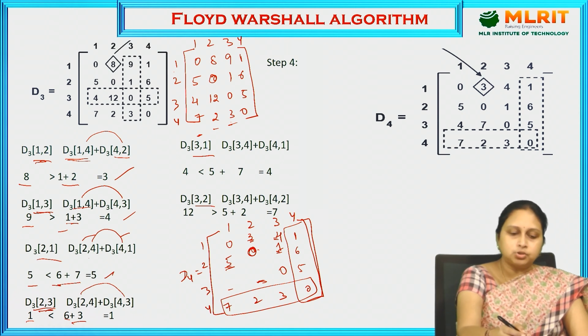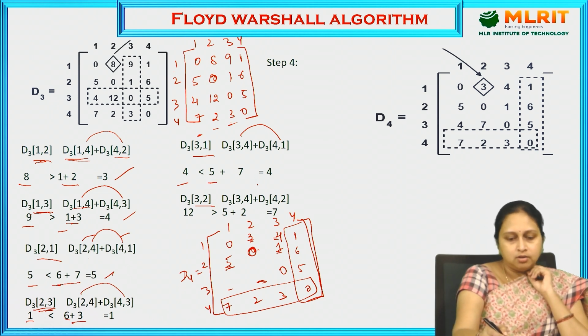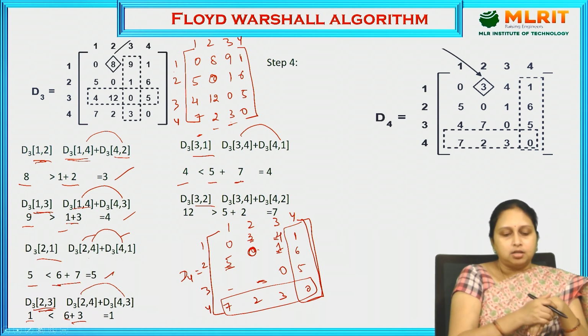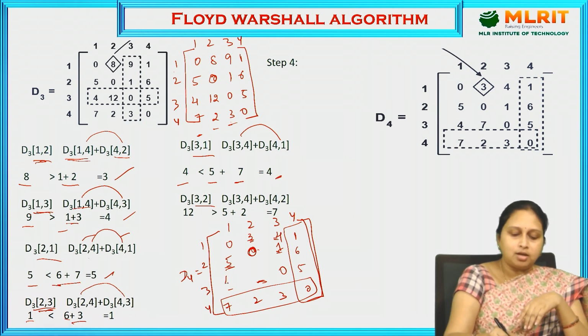2 more values, 3, 1 and 3, 2. 3, 1 can be written as 3, 4 and 4, 1. The 3, 1 value is 4, and 3, 4 value is 5, and 4, 1 value is 7. 12 is greater than 4, so we are going to take the minimum value as 4.